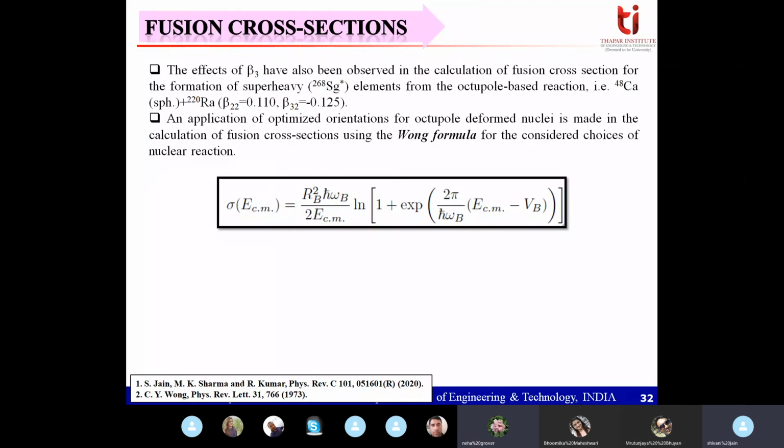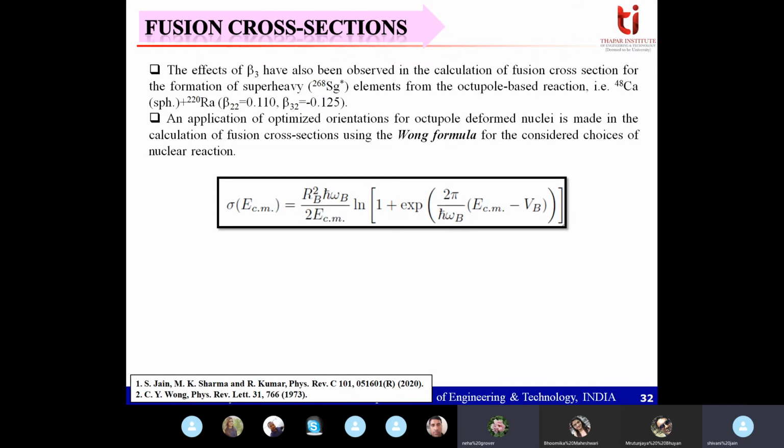How do you fix the L values? In literature there is a sharp cutoff model. I hope you know that sharp cutoff model. I can give you a reference of that after the webinar.